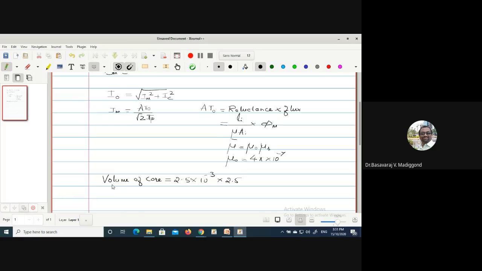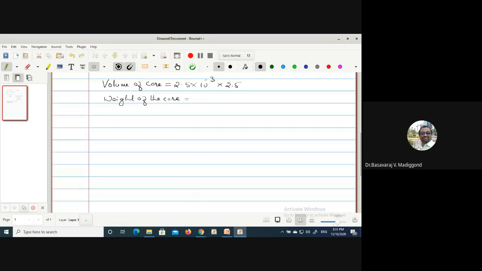Okay. Once you get the volume of the core, then find out the weight of the core. The data he has given is the weight of iron, yes, he has given, no?